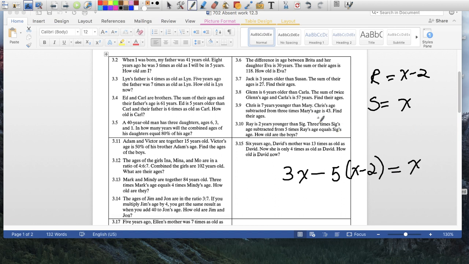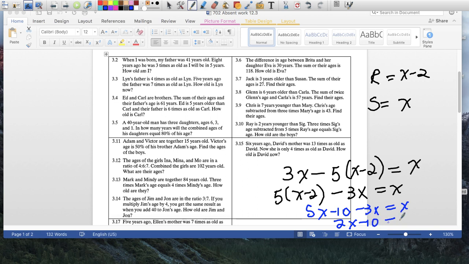How old are the boys? And again, same thing, subtracted from. So the 5 times x minus 2 comes to the front, and 3x goes to the back, so equals x. Now it's just a matter of solving this. It's 5x minus 10 minus 3x equals x, right? So I get 2x on this side minus 10 equals x on that side.